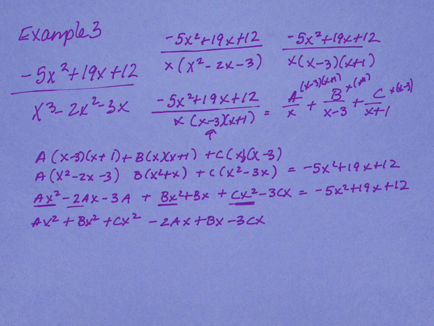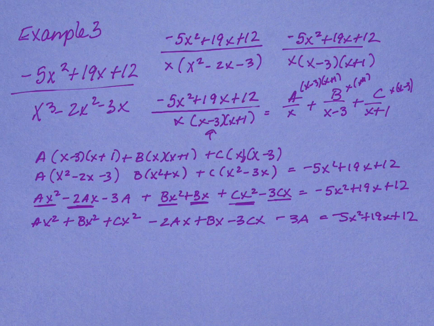So I got rid of this term, and this term. And now the constants would be minus 3a, and that's it. The other terms don't have a constant. So that equals negative 5x squared plus 19x plus 12.